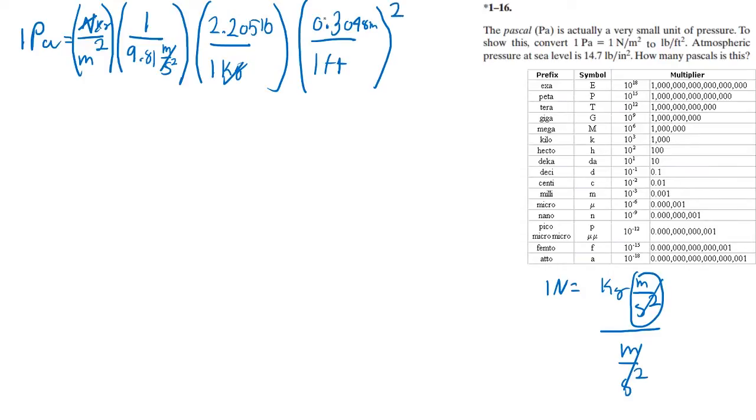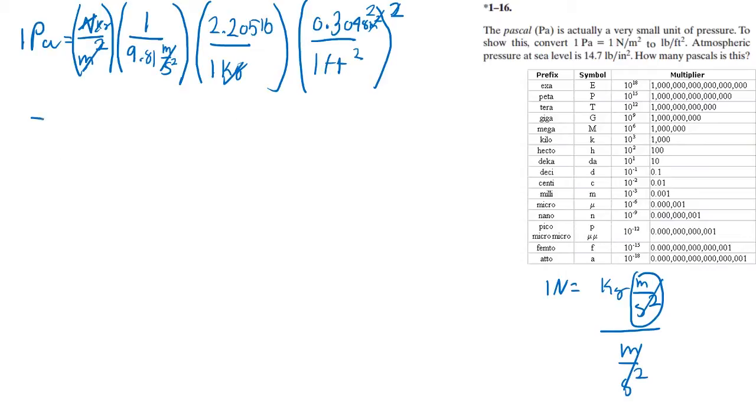And we want to square that because this is squared. So our feet get squared, the unit cancels, and the number gets squared. So you plug this into your calculator: 1 over 9.81 multiplied by 2.205 multiplied by 0.3048 squared.